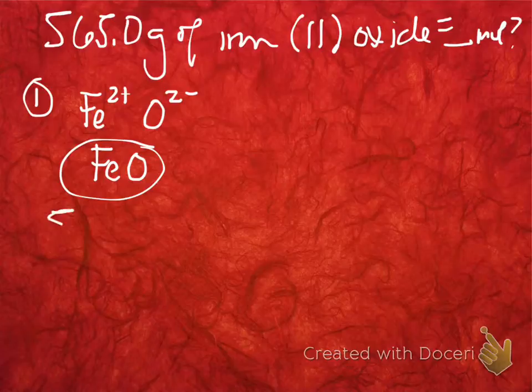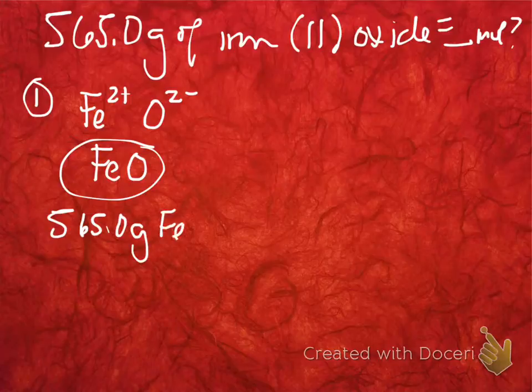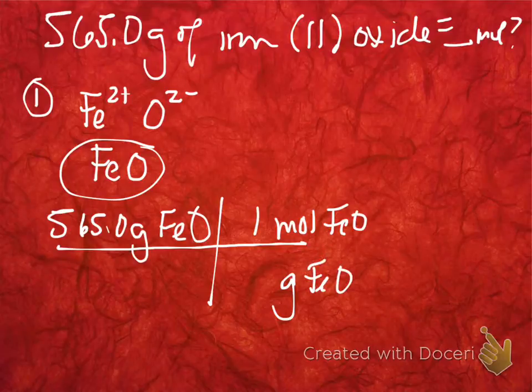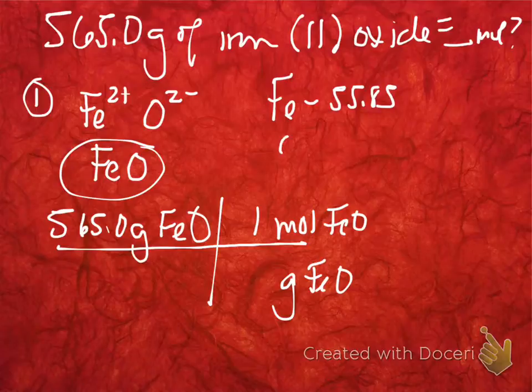So the first thing we're going to write, of course, is our 565.0 grams of FeO. And we need to find out how many grams of FeO are in 1 mole of FeO. So iron is 55.85, oxygen is 16. There's only 1 of each.